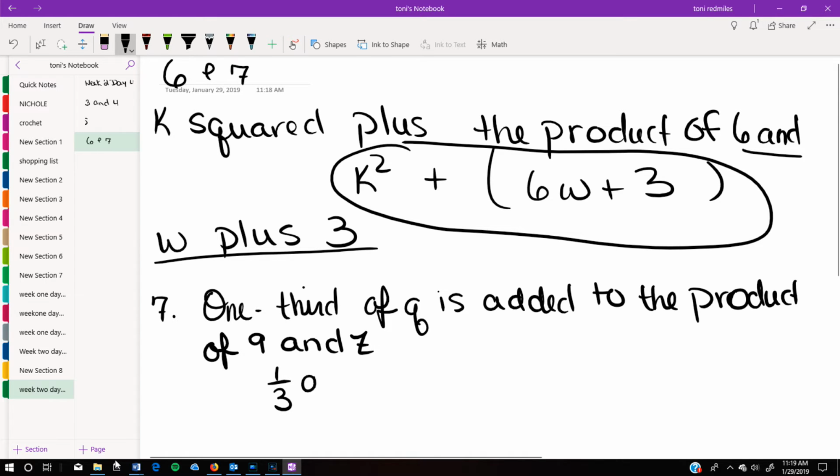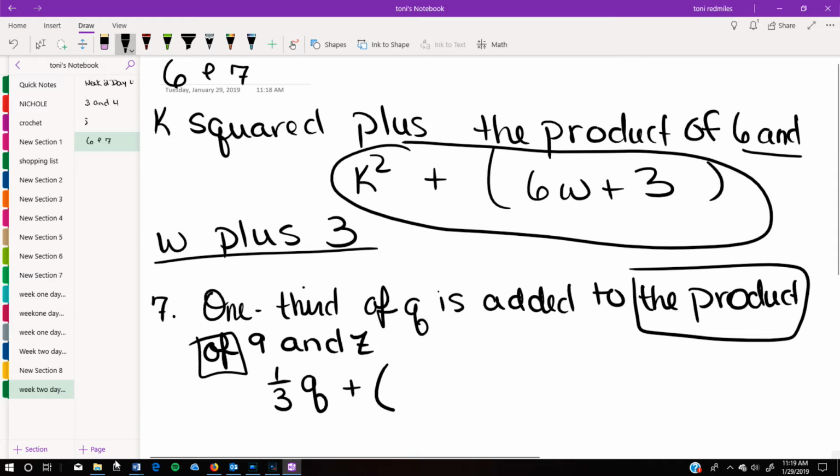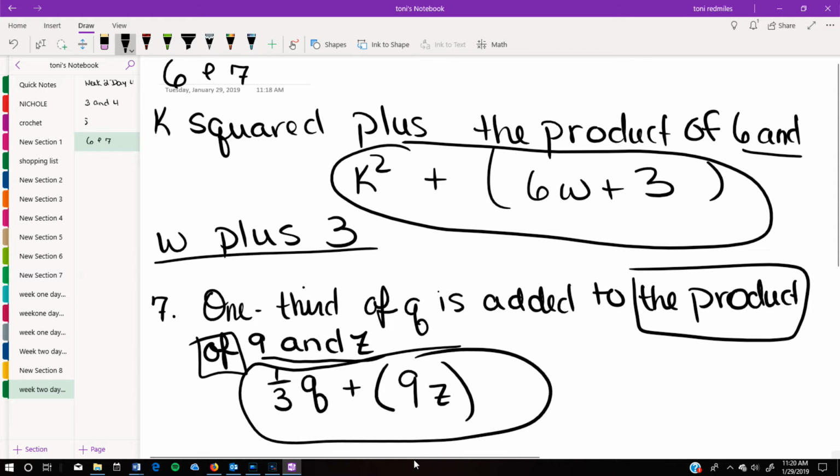Of means multiplication. So 1/3 multiplied to Q is added. So this is added to the product. That's my parentheses. Product means multiplication. So I know that what comes next, 9 and Z, is multiplied together inside parentheses. Here we go. All right, let's do another one.